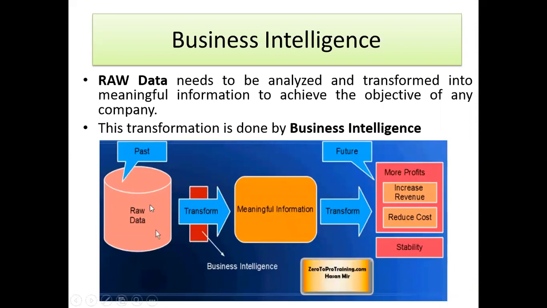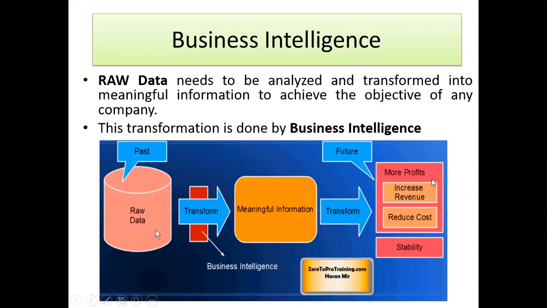Remember this. We have the raw data, and we are going to transform this raw data using business intelligence into meaningful information, and this meaningful information is again transformed, for example the data related to the balance sheet.